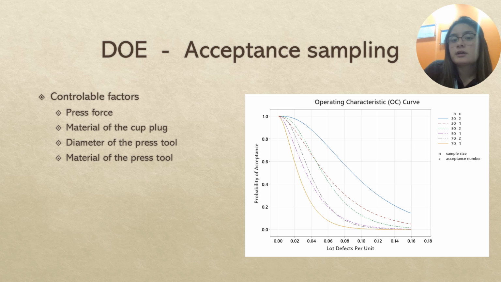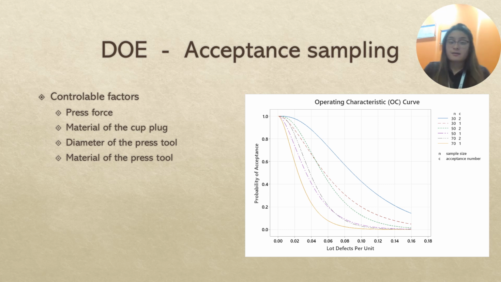I'm showing you the operating characteristic curve just to know if the sample size is okay, and also the acceptance number. Currently, we have a sample size of 30, and the acceptance number is 1, but I wanted to review how it would behave if we change those numbers. The best behavior is when we have 70 as the sample size and 1 as the acceptance number.